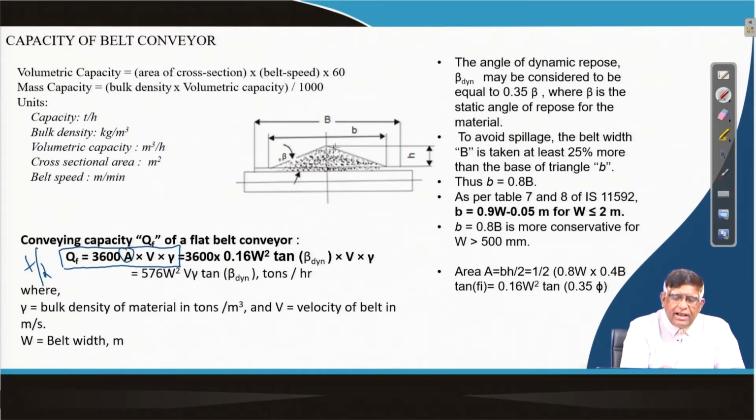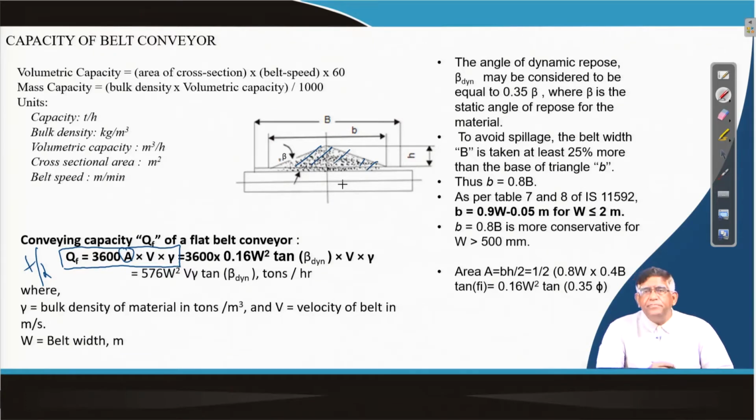Now this A is the cross-sectional area here. Depending on how you are placing these idlers, whether it is a trough or a flat belt, this A will vary.